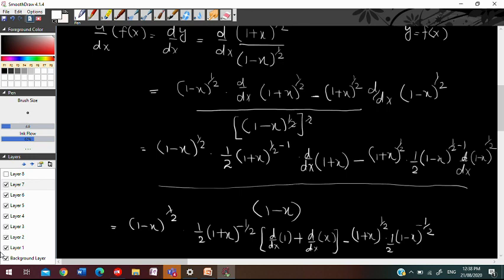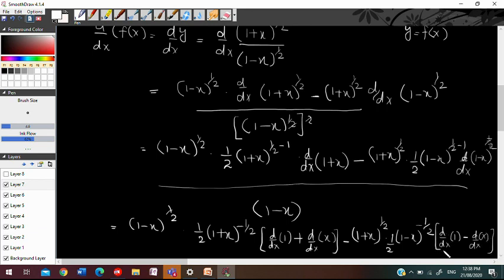Here we have two terms, so we apply the derivation separately. Here we don't have this power, sorry, I have written this power over here, no need to write it, because when we solve the power we just differentiate the inner function. So d by dx of first 1, and then minus d by dx of this x.